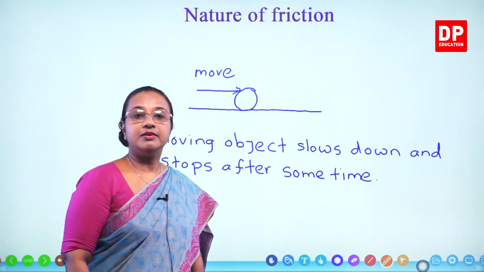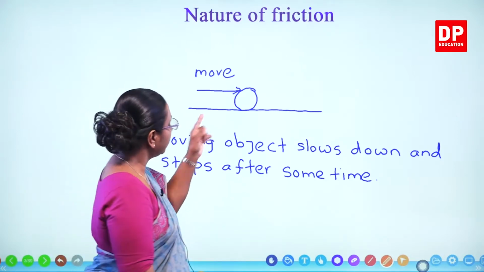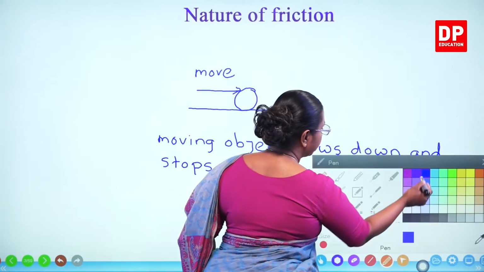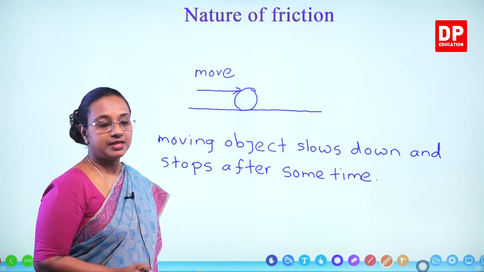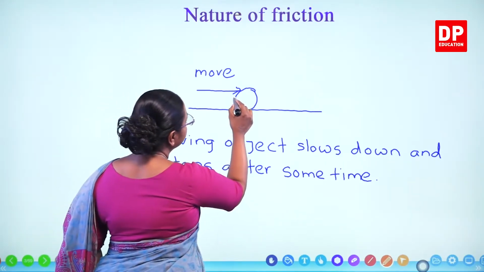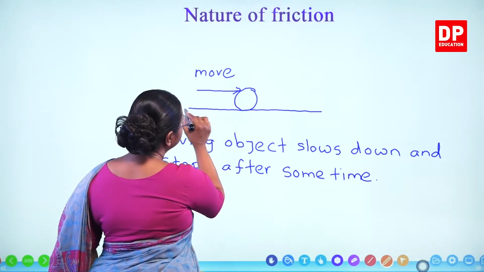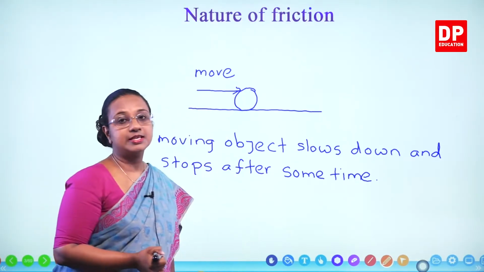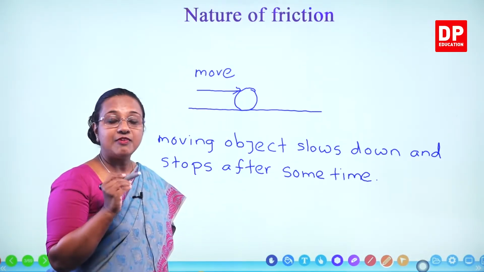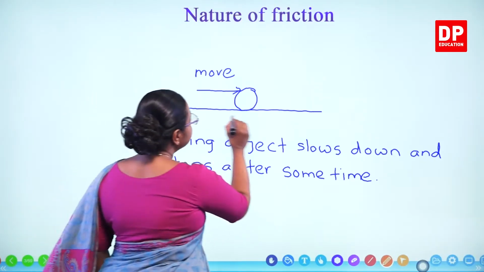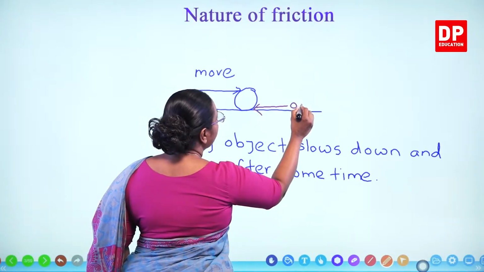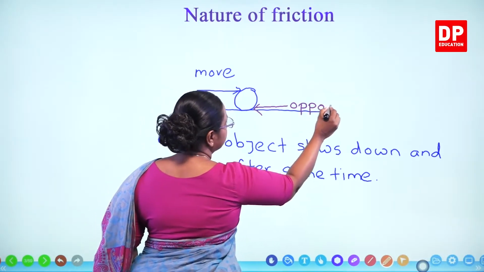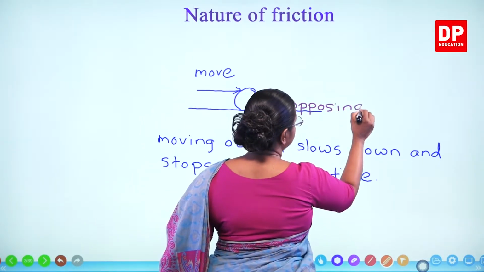What is the reason? Now if you look at this diagram, the object is placed on a surface and there is contact between the surface of the object and this surface. And what happens is this surface always tries to oppose the motion of this object.